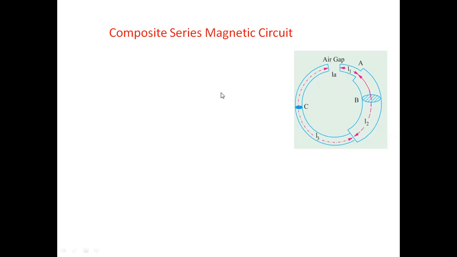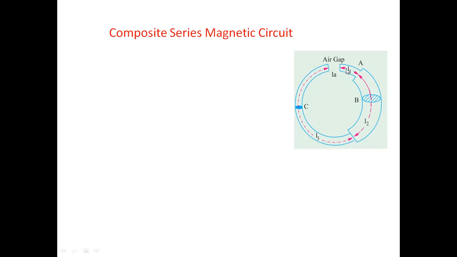In the electrical circuit, the current does not flow through the air. Whereas in a magnetic field, the flux easily connects and flows through the air.